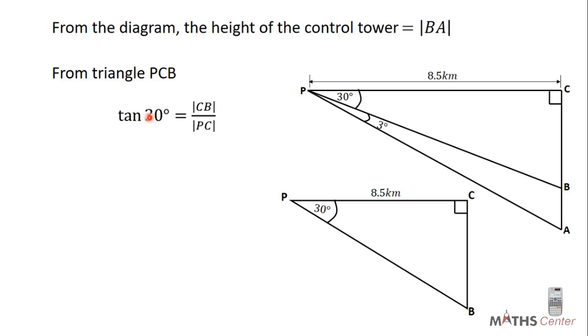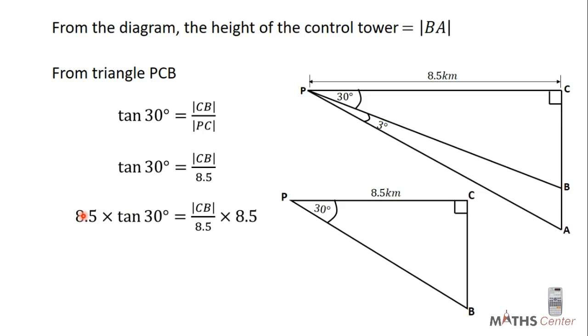So you say that tan 30 degrees is equal to CB, which is opposite, divided by PC, which is adjacent. So tan 30 degrees is equal to CB divided by PC, which is 8.5. So we multiply the left hand side by 8.5, we multiply the right hand side by 8.5.